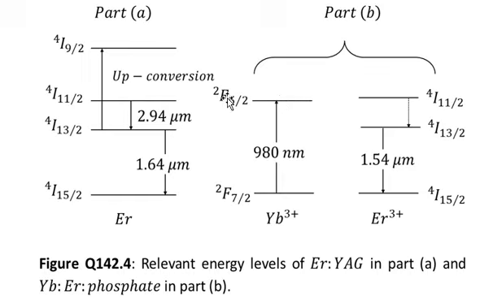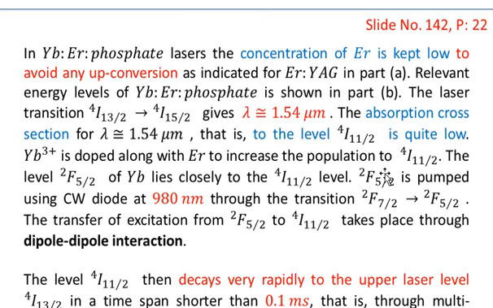So this energy from the 2F5/2 is transferred to 4I11/2, and then from 4I11/2 the transition takes place to 4I13/2, and then from 4I13/2 to 4I15/2 a laser transition occurs at 1.54 micron.